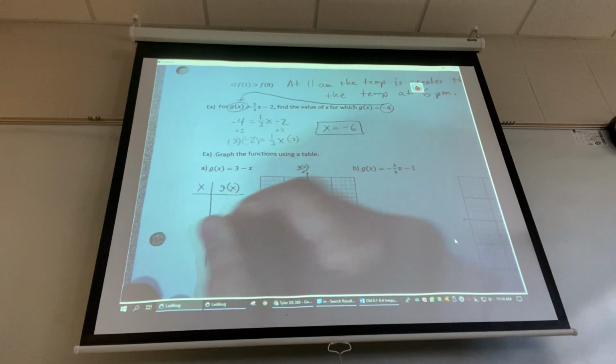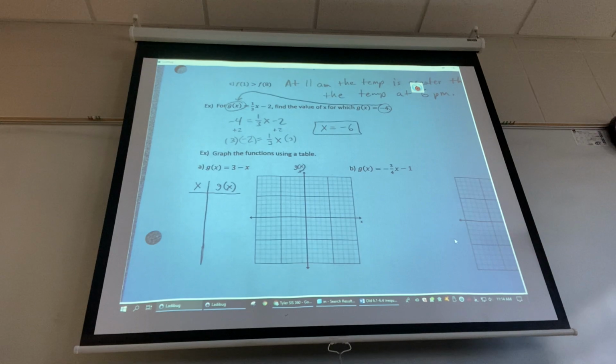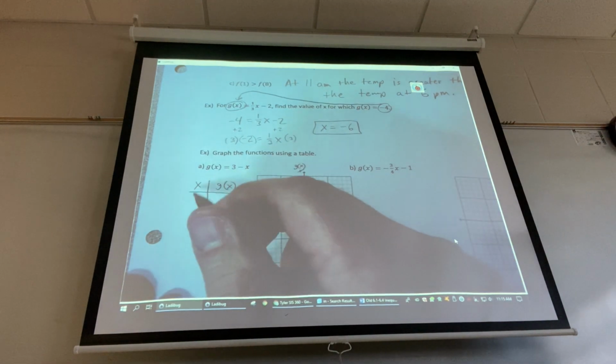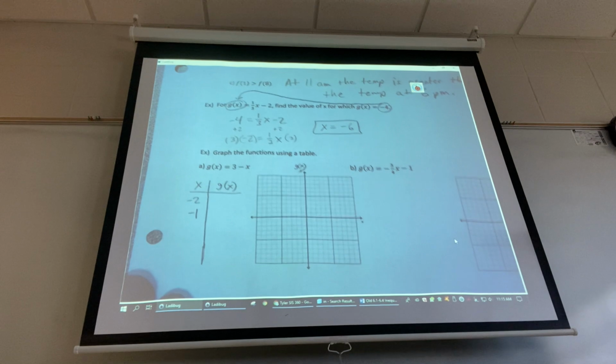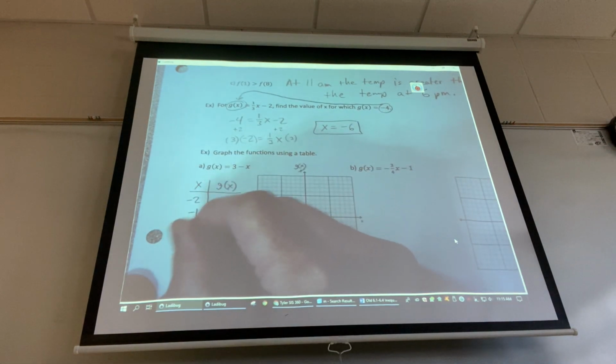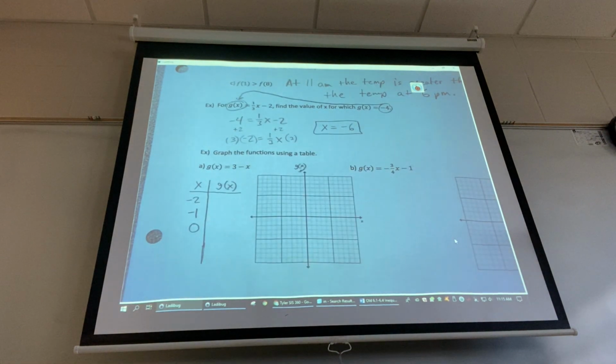So if you're ever asked to graph something and you're not sure of the shortcuts to graph it, just make a table, and it's usually a good idea to use some negative values. It's usually a good idea to use 0, and the reason why is because some weird things happen with 0. For example, can you divide something by 0?